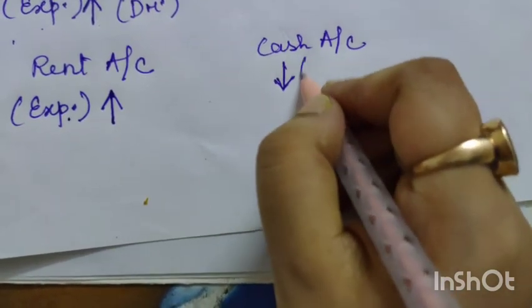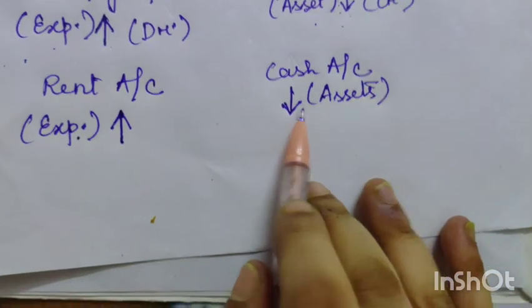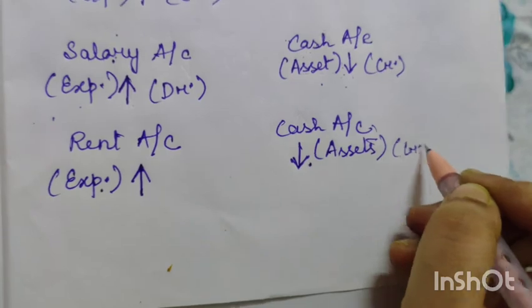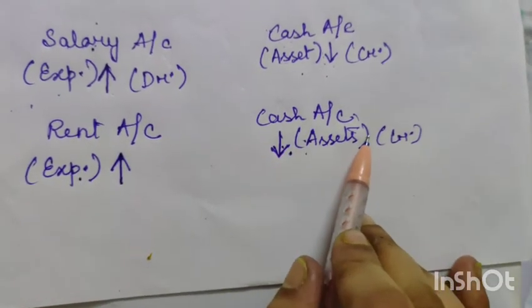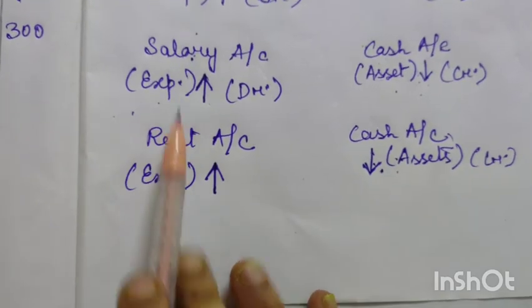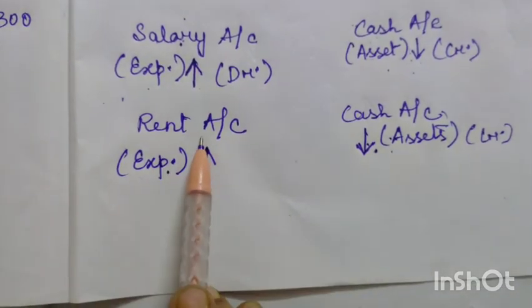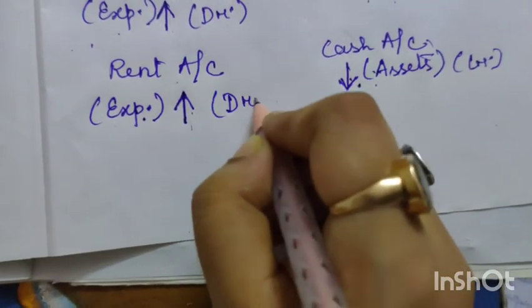And we all know cash comes under the category of assets. So if asset decreases, then what we know? It is credit. Many times I have told you, if assets decreases, then it is credit. And since expense increases means debit, just like salary, rent is also an expense. So if expense increases, it will be debited.